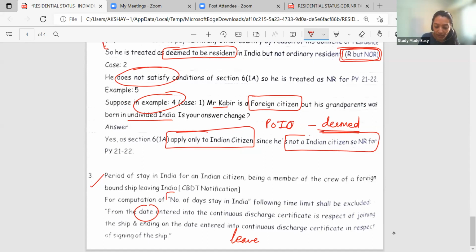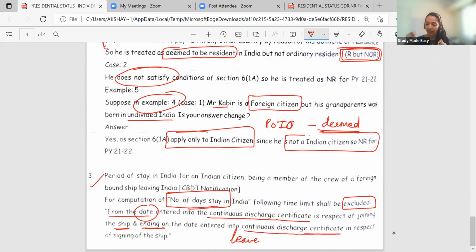So for the purpose of computation of the number of days in India, what time would be excluded? From the date he enters into the continuous journey in respect of joining the ship, and ending on the date he enters the continuous discharge certificate. There is a certificate they have to sign when they go for the ship.